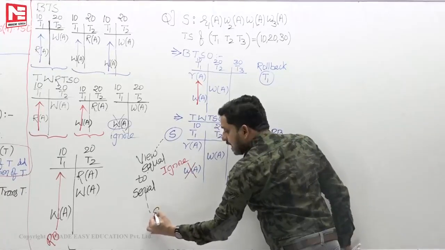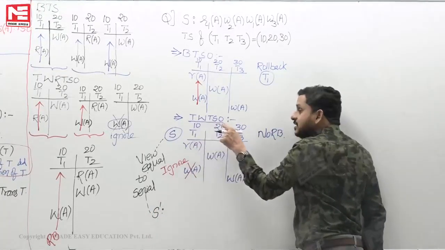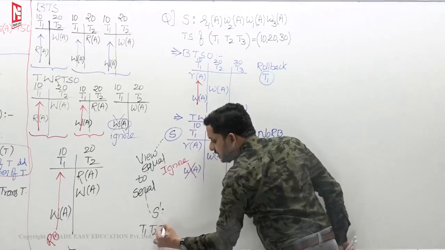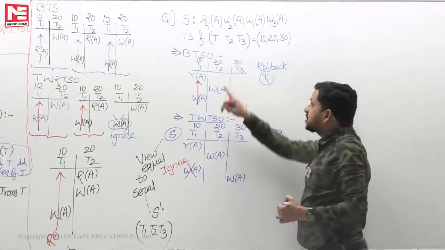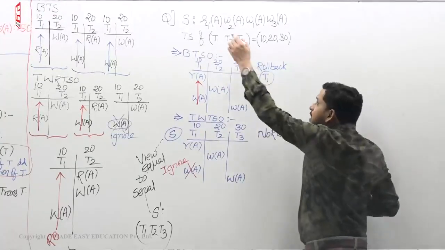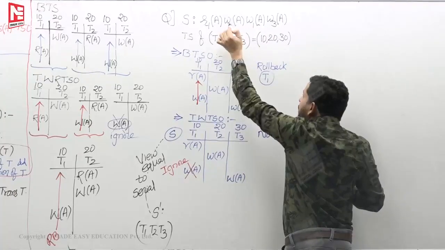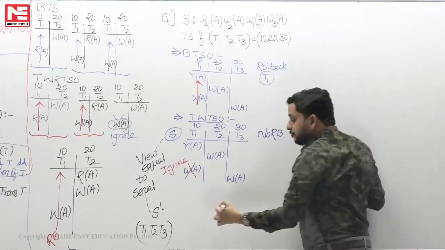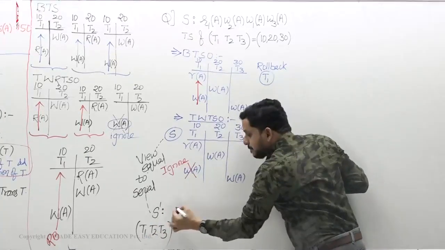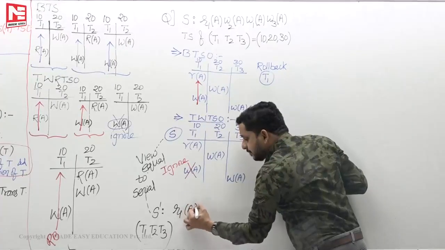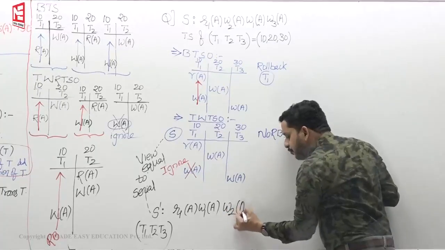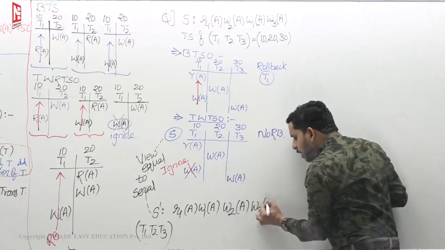So what is the timestamp ordering? T1 10, T2 20, T3 30, so the order is T1, T2, T3. Assume these three transactions: T1 operations read A, write A; T2 write A; and T3 write A. If you execute in serial order T1, T2, T3 based on timestamp order, all T1 operations, followed by all T2 operations, followed by all T3 operations.